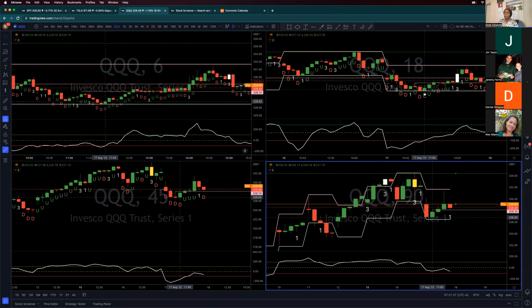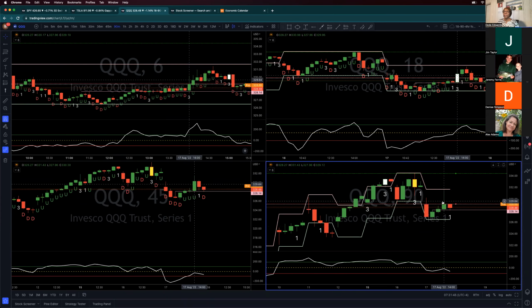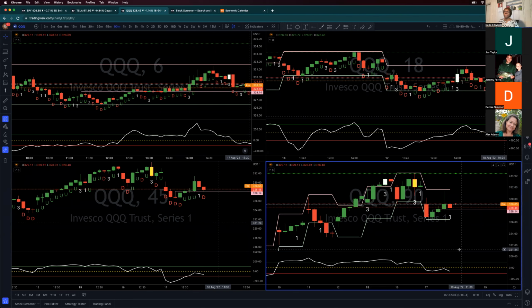And once this crosses back over, I'm definitely out of that trade, because then it either chops you up or it reverses. In this case, I wasn't in the market, but not sure what happened at 2 o'clock. On all of the charts, it looks like something came in at 2 o'clock. I don't know if that was some Fed noise and drove the market higher, and then it came right back down.